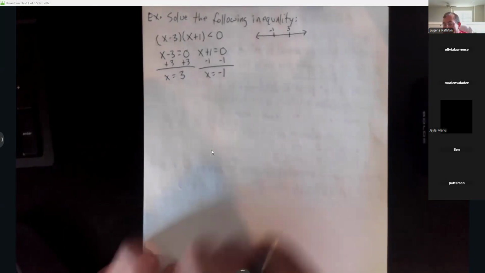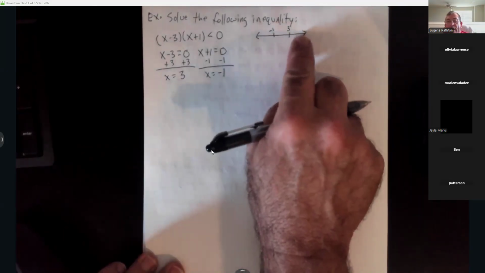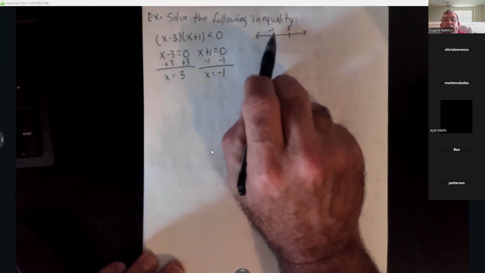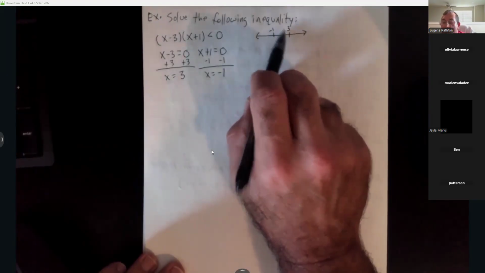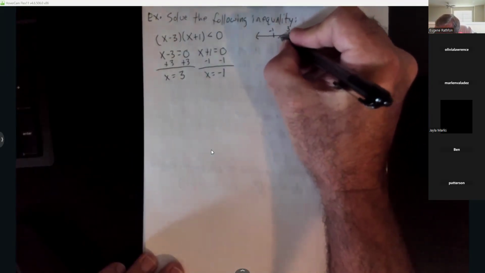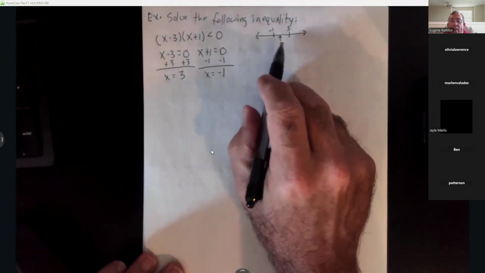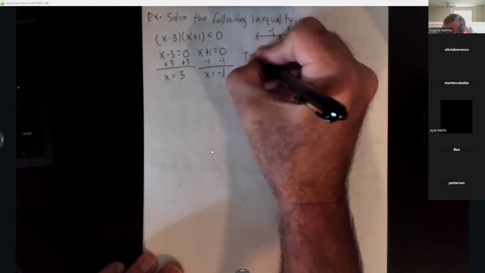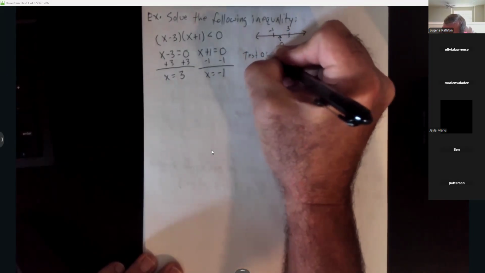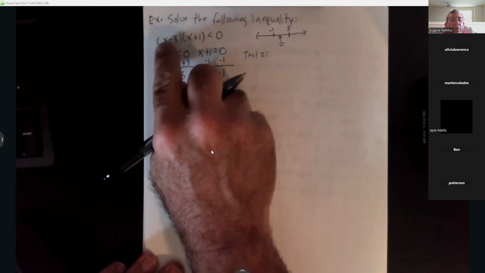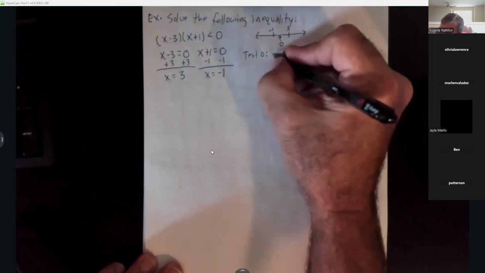So I always test 0, so I got to figure out where 0 is on my number line. And y'all, 0 is going to be in between -1 and 3. So that's where 0 is, in between there. So I'm going to test 0. So to test 0, I'm going to put a 0 in for these x's.